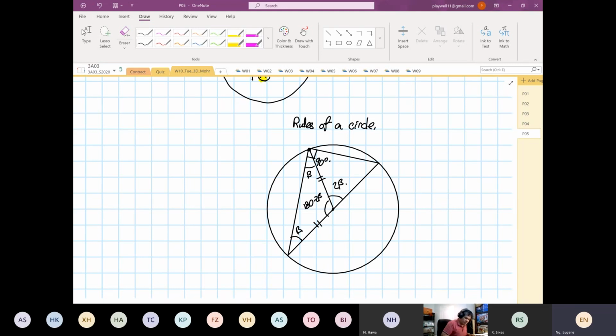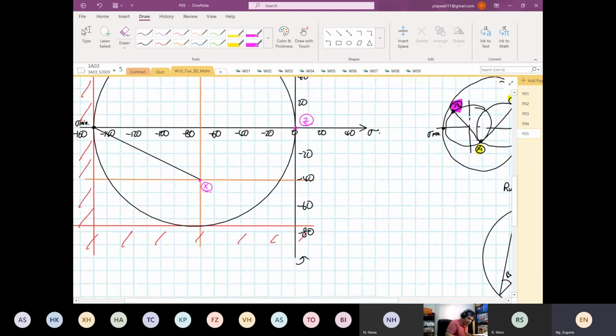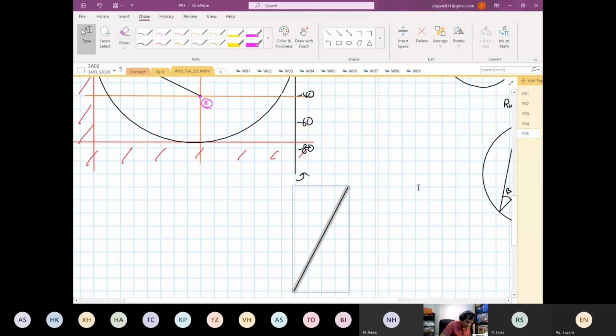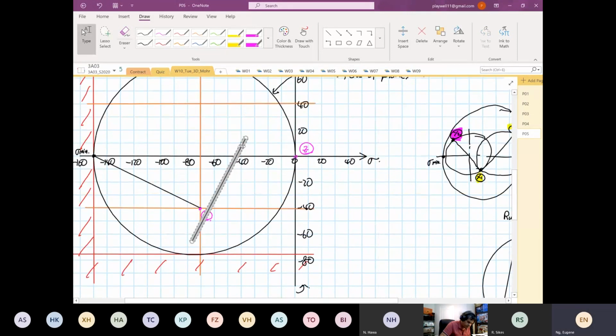So when that's the case, if we apply the rules of the circle, we have a point over here. Okay, so now I'm going to flip this arrow, hopefully it works, by 90 degrees. So this is the other point now.